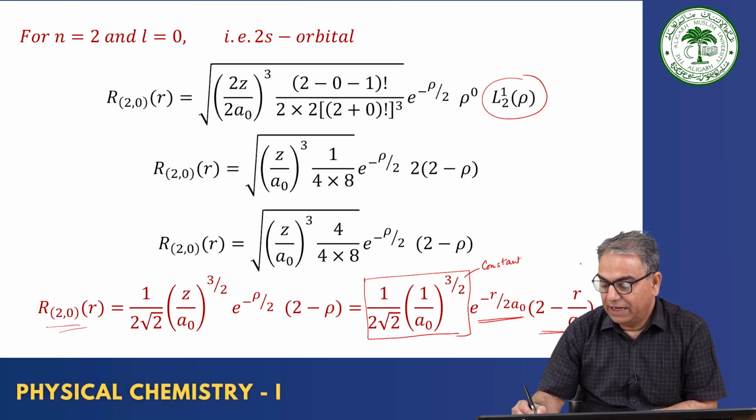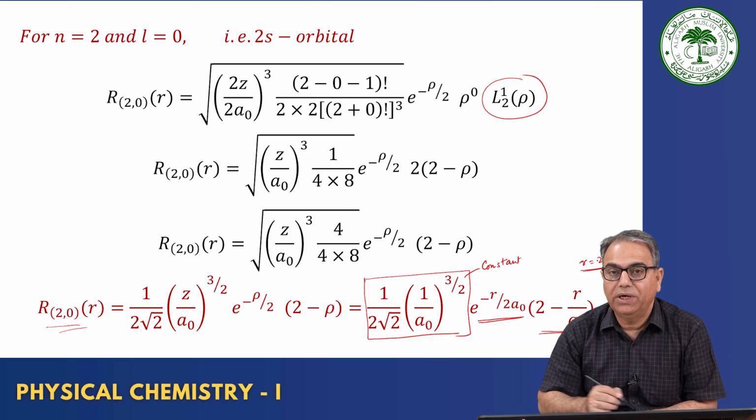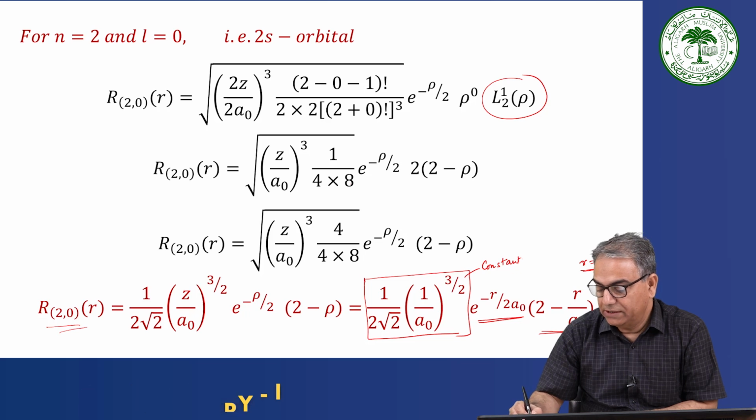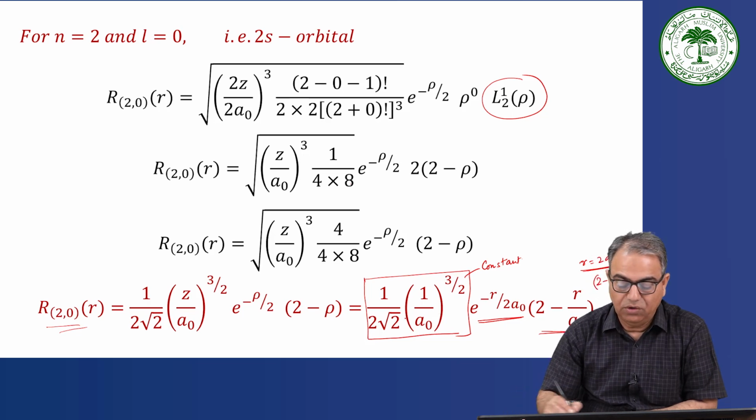Suppose r is equal to 2a naught. At this point r is equal to 2a naught. If you put this value here, what will happen? It will be 2 minus 2a naught divided by a naught within bracket, so it will become 0, and the whole function will become 0.